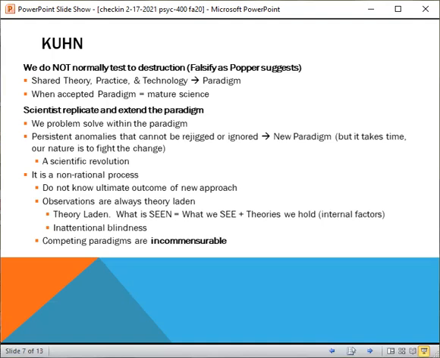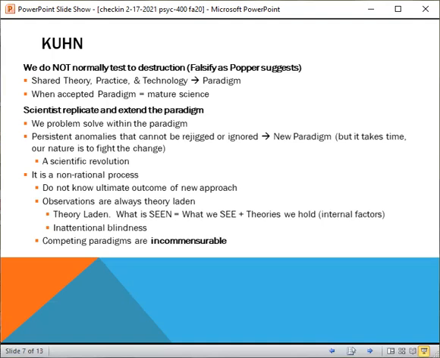So far what we have here is that we never know the outcome of the approach. All of our observations are going to be theory laden, and there's also the possibility of inattentional blindness. We just don't see data there. And then the other part is this: when you do have competing paradigms, they are incommensurable. Basically what that means is that when you have one paradigm and another paradigm, they have different philosophies, different theories, different methodologies potentially.